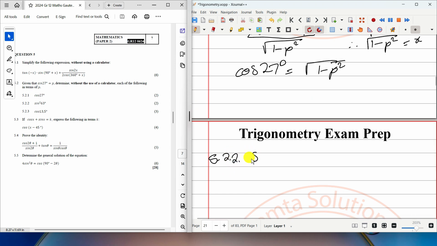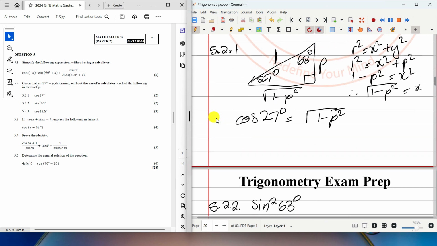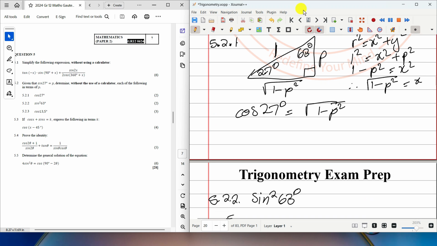5.2.2 says we must look for sine squared 63 degrees. We know sine squared 63. Did we have a 63? Yes, we did have a 63. Here it is. So sine squared 63. Sine 63 will be opposite over hypotenuse.